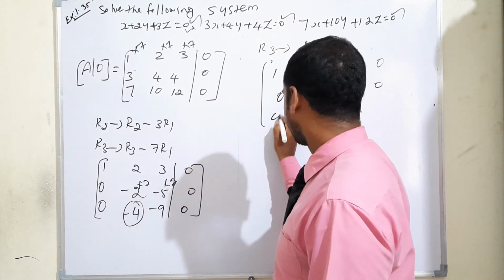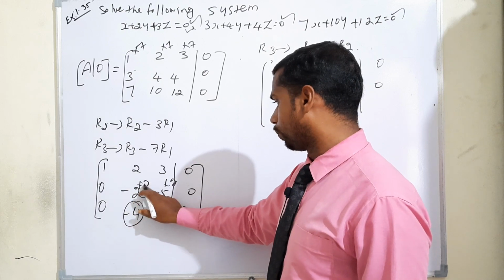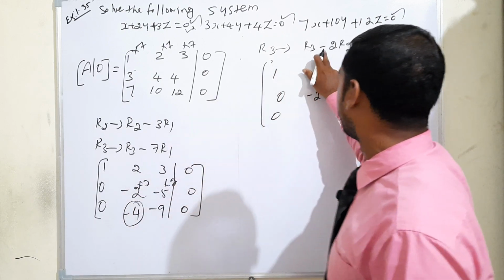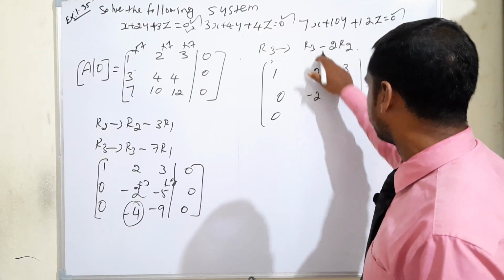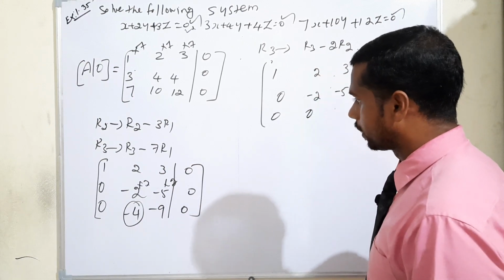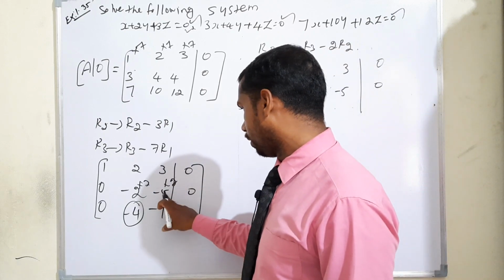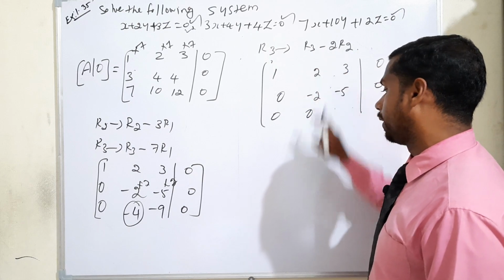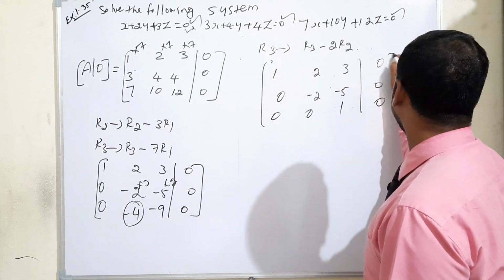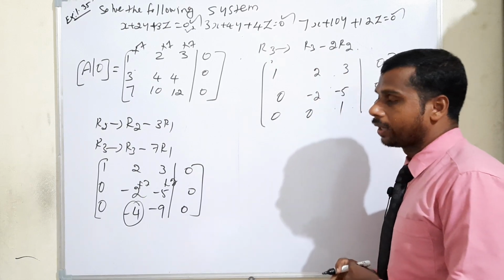In the third row, 0; then minus 4 plus 4 is 0; then minus 9 plus 10 is positive 1. Now we have the row echelon form.